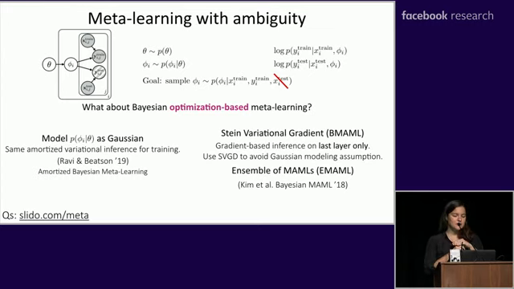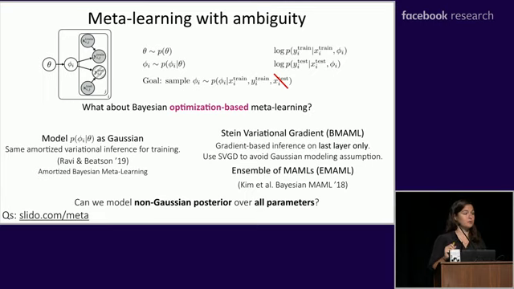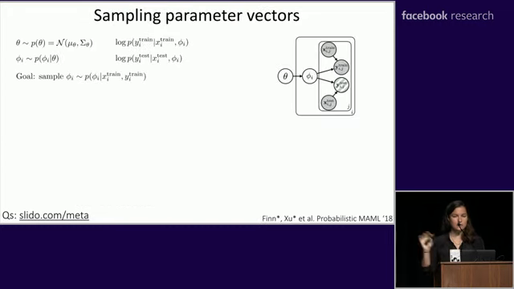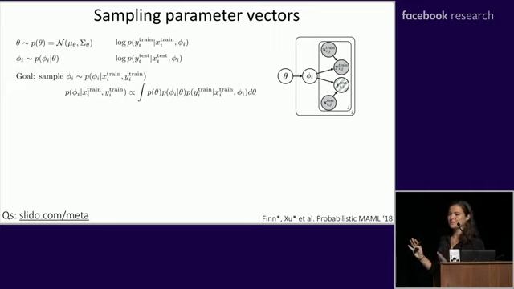Now, one thing you might ask is, well, can we get some of the benefits of both of these? Can we model both a non-Gaussian posterior and do so over all of the parameters? And there is a way that we can do this, in fact. So let's go back to our graphical model. Say that we want to sample from this distribution. You can write it out as the integral where we're integrating out theta. Of course, this integral is completely intractable if theta are the parameters of a neural network.